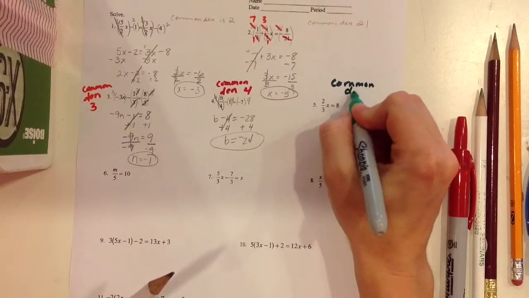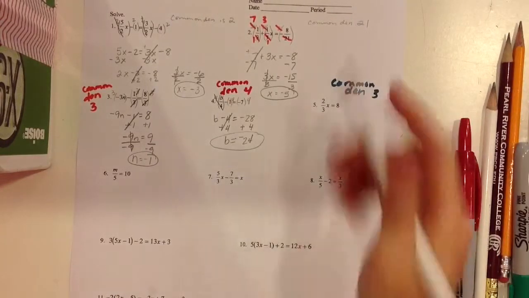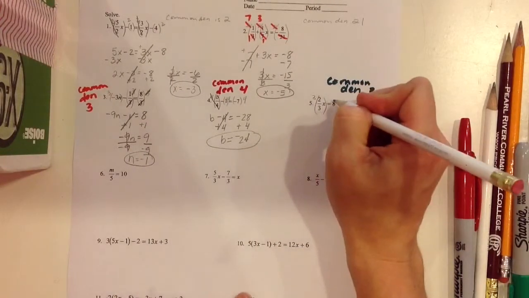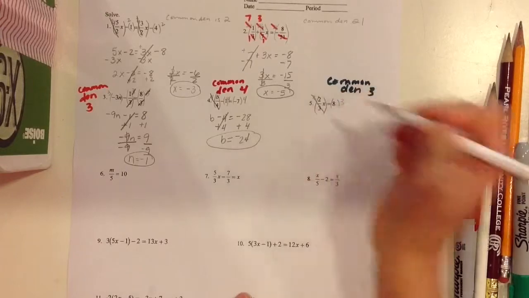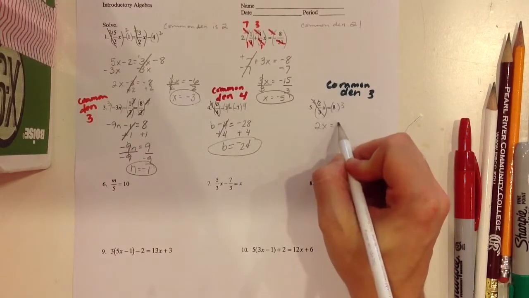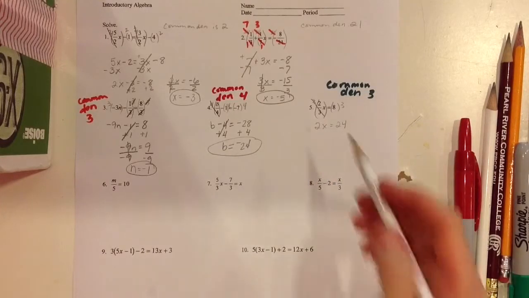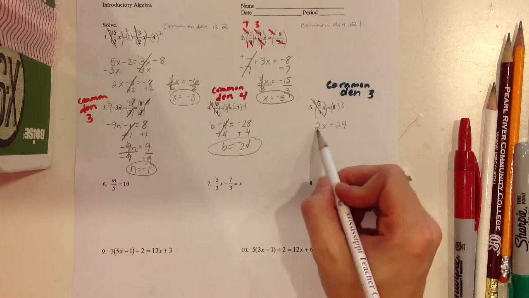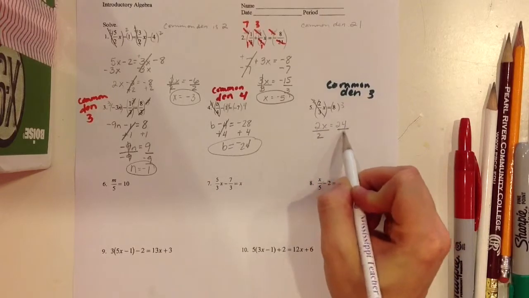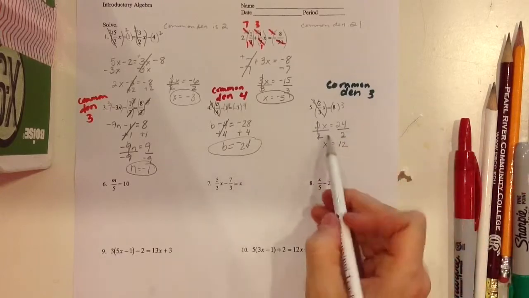Common denominator is 3. And so when we multiply both sides by 3, it's going to cancel out on this side, and I'm going to have 2x equals 8 times 3 is 24. And I'm going to get rid of the number with the x by dividing both sides by 2. And x equals 12.